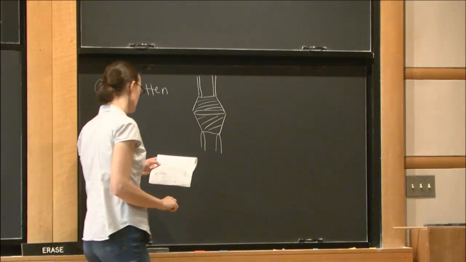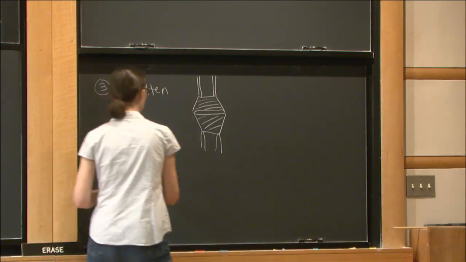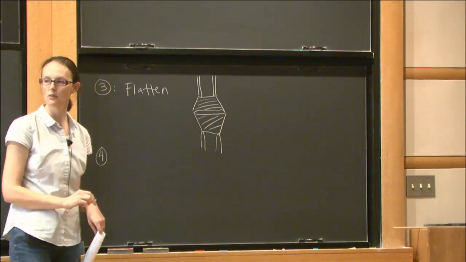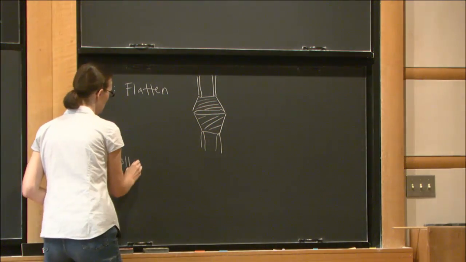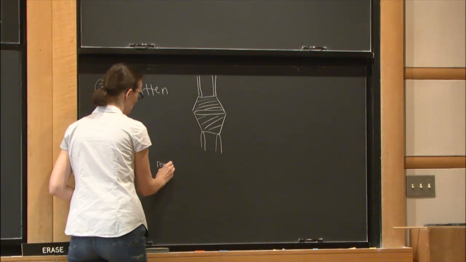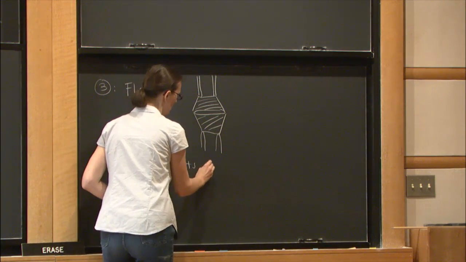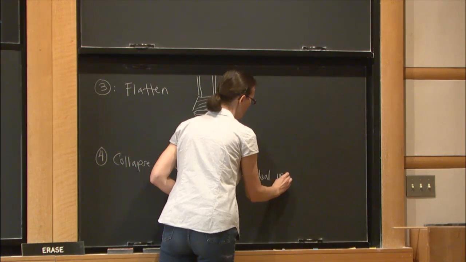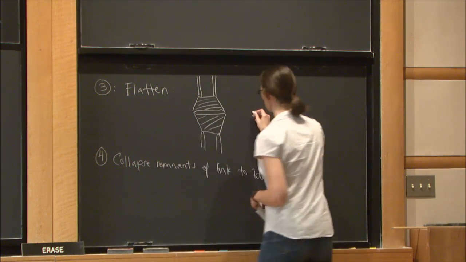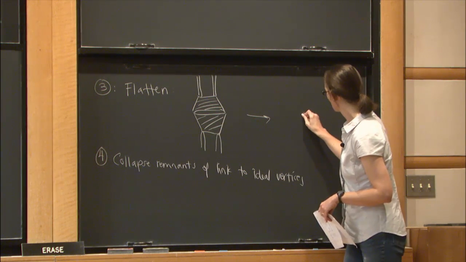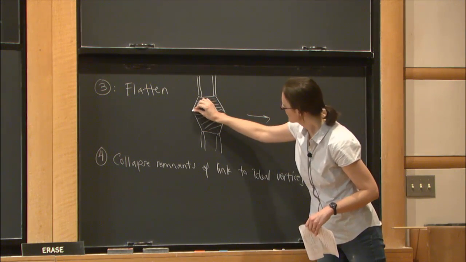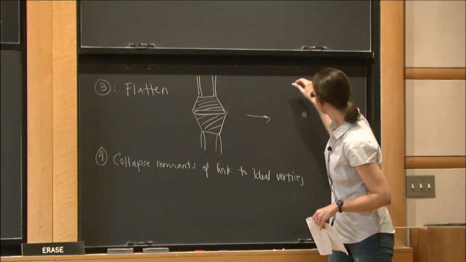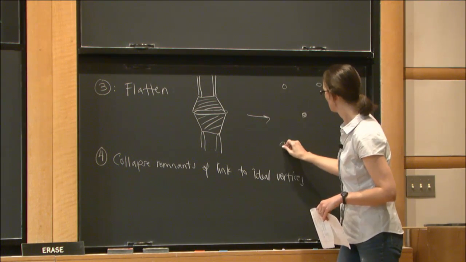And then I guess, well, I wrote this as a separate step in my notes, but just collapse the remnants of the link to ideal vertices. So this is a remnant of one of these crossing circle links, so it becomes a single ideal vertex. These guys become single ideal vertices.